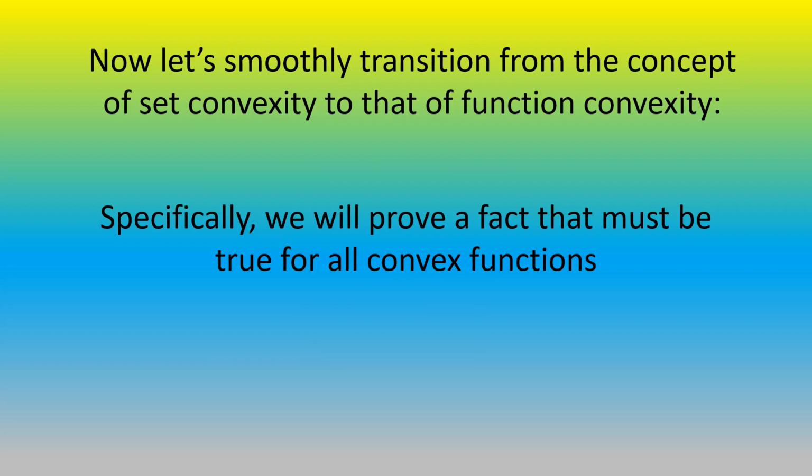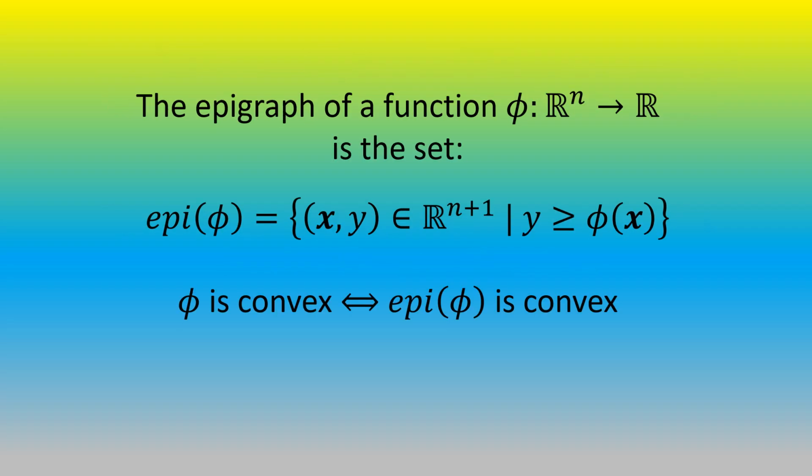Now let's smoothly transition from the concept of set convexity to that of function convexity. Specifically, we will prove a fact that must be true for all convex functions. So the epigraph of a function phi, where phi is a mapping from Rn to R, is the set epi of phi, in which you have a pair x comma y, where x is an n-dimensional vector and y is a scalar.